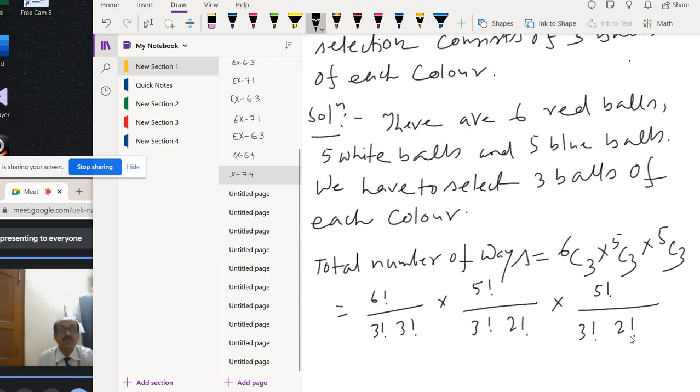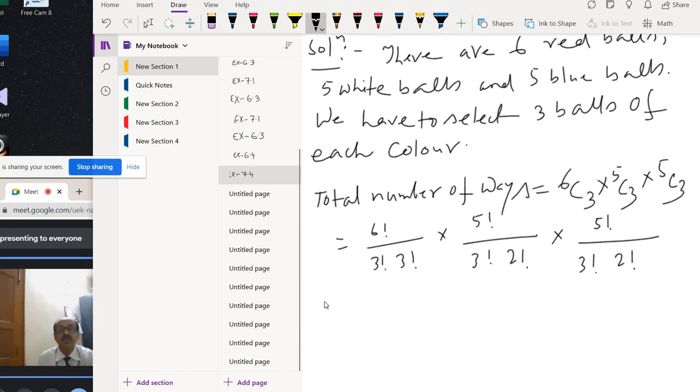Now, 6 factorial we can write as 6 into 5 into 4 into 3 factorial, by 3 into 2 into 1 into 3 factorial.